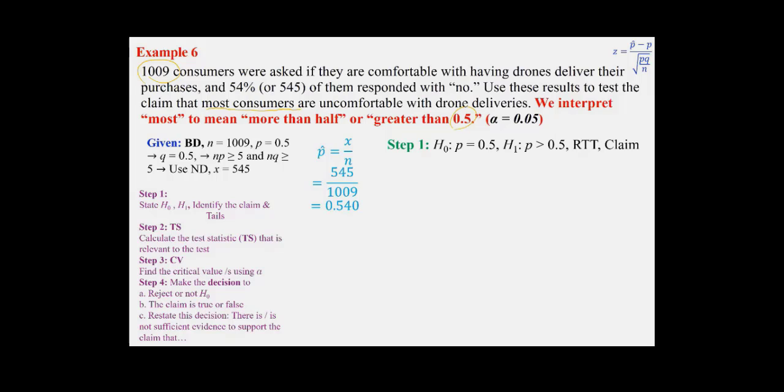And so p hat 0.54 minus p, which is 0.5, divided by square root of pq, what is p? 0.5. What is q? 0.5. Divided by n. What is n? 1009. So this is the formula. And Z is 2.55.